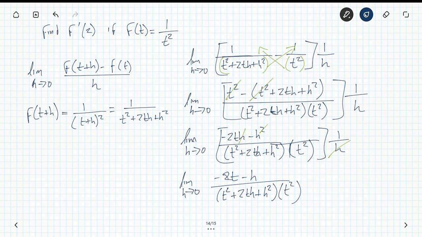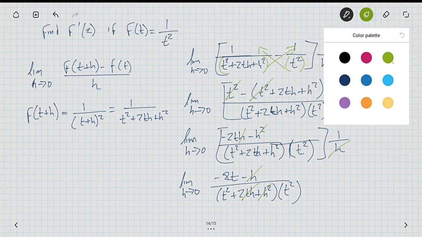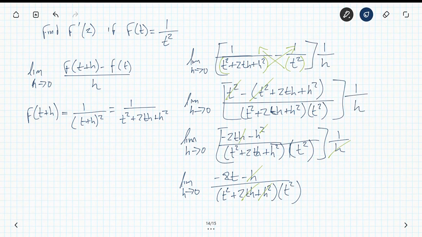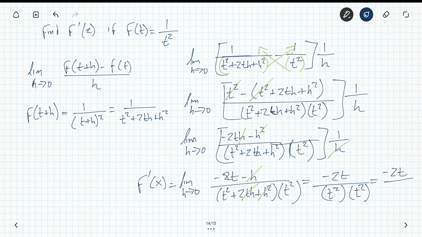Okay, plug in h equals 0, so this goes away, this goes away, this goes away. Those terms basically go away. And now we're left with the derivative, which is going to be equal to negative 2t over t squared, which is nothing but negative 2t over t squared.